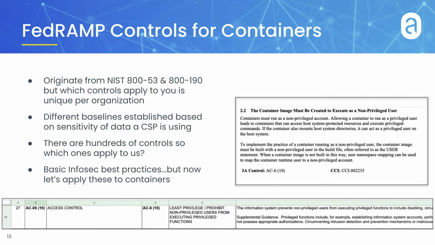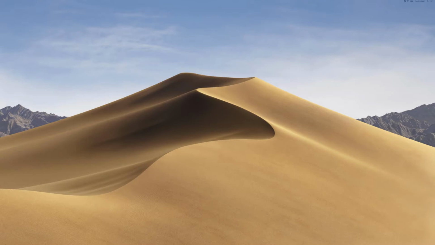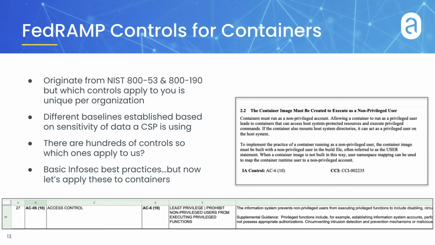So happy to be here today and explain some of the gray areas that exist for FedRamp and how it applies to containers, right? So starting from the top, FedRamp is a big conglomeration of these holistic NIST 800-53 controls and a ton of different controls from NIST itself.